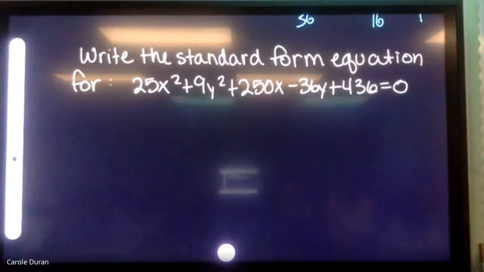We're going to start by simply putting this in standard form, and then we will pull some information out of it. Think back to double completing the square for the circles homework. What was the first thing that we had to do when we were completing the square there?